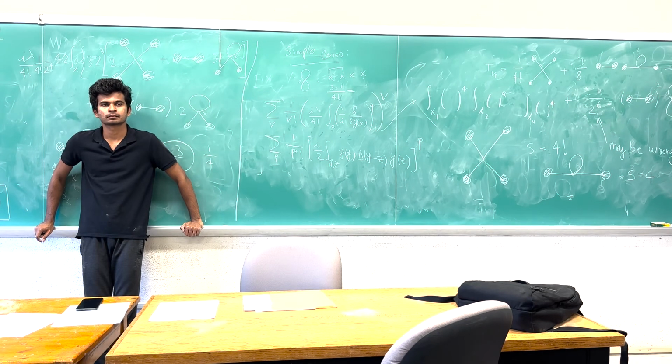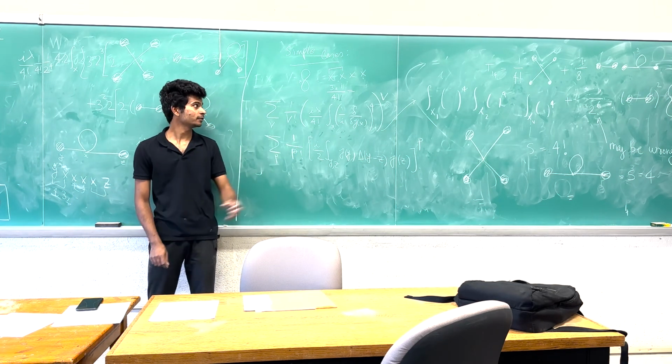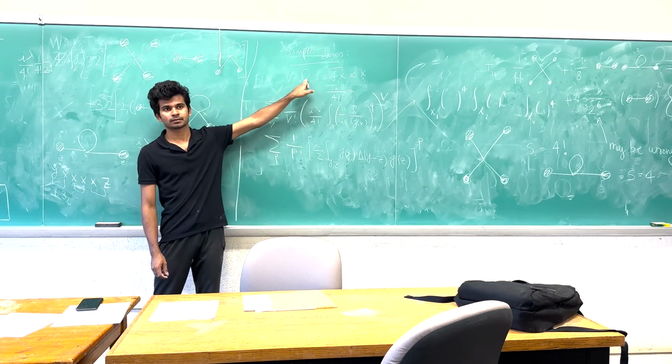You're selecting pairs, but they are not distinct pairs, it does not matter which one you take. So 4C2 divided by 2, which is 6 divided by 2, so 3. And the 4 factorial comes from the vertex.